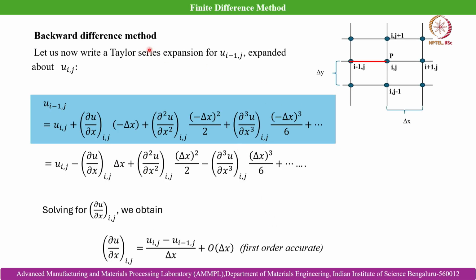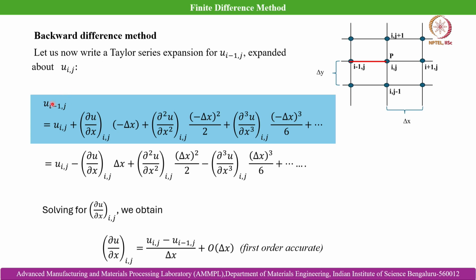It is quite similar to the forward difference technique, only we are trying to find the value of the primary variable at a node or grid point which is located on the left side, towards the negative x side of the point P. So there the value is u i minus 1, j. You can see from the location of the grid point with respect to the location initially identified, that is the location P, from u i, j we can estimate the value of u i minus 1, j.